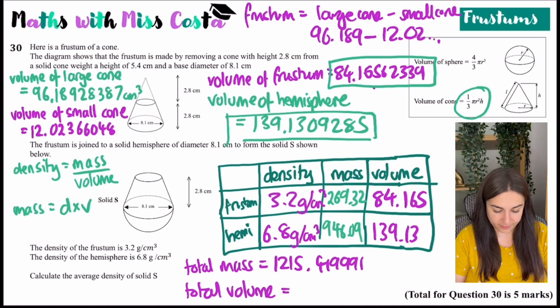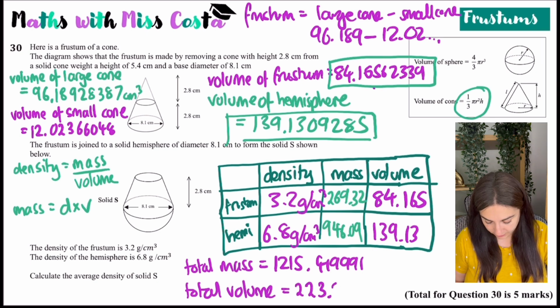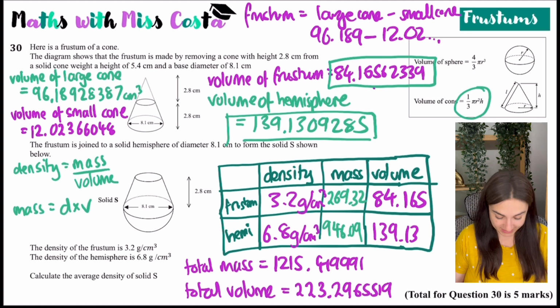The total volume is 84.16562339 plus 139.1309285, which equals 223.29655519. How do you work out density? Density is mass over volume.